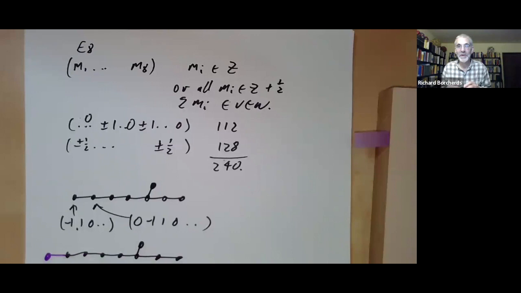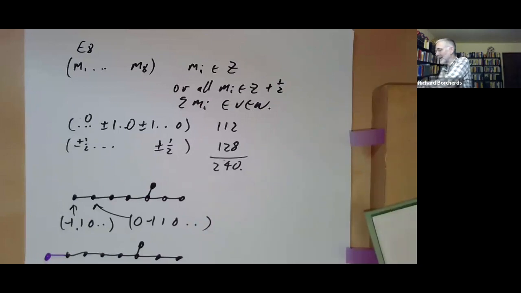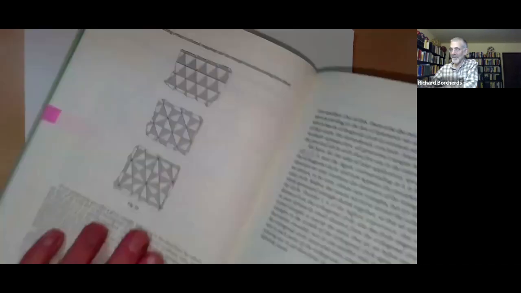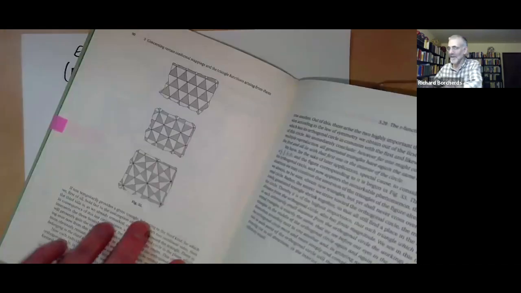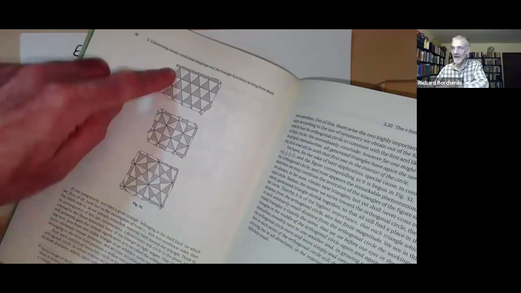This reflection group lives in Euclidean space and includes not only all the reflections of the spherical E8, but a whole lot of translations corresponding to vectors of the E8 lattice. Here are Klein and Fricke's pictures of a few Euclidean reflection groups in the plane.